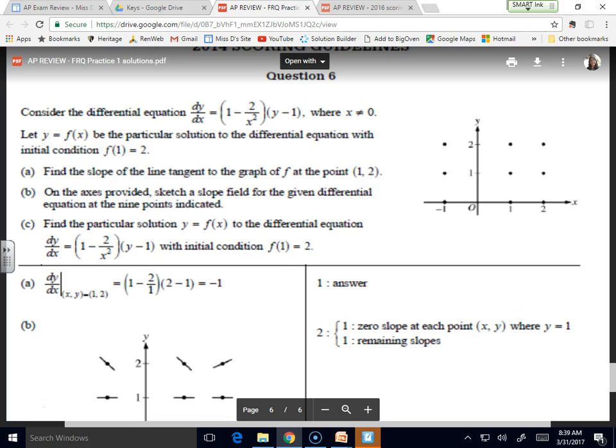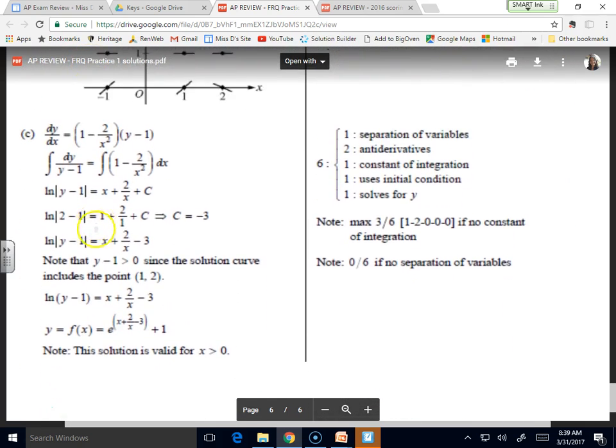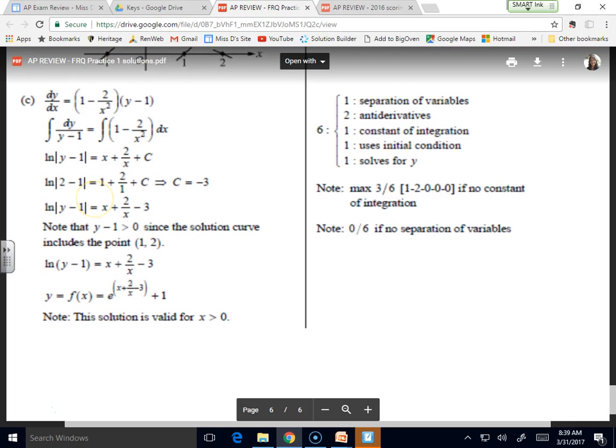Letter C, find the particular solution. This is the one Ryan was saying earlier. Do you guys see how many points this puppy's worth? I warned you though, didn't I?